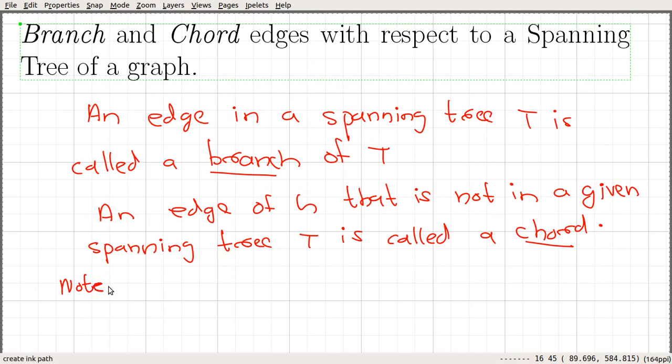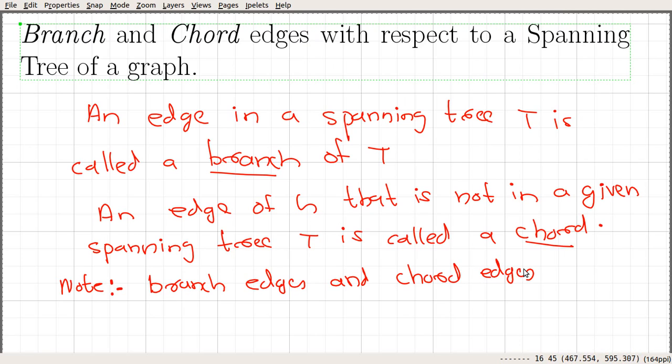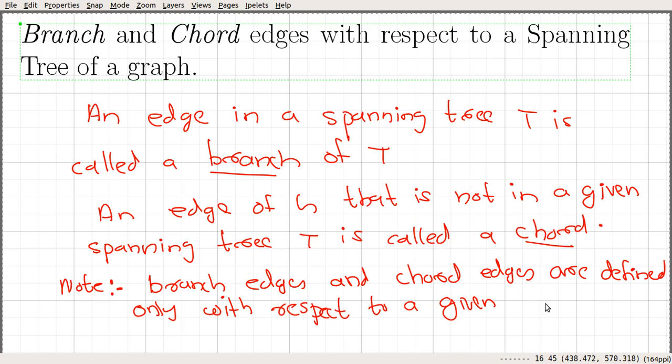So note that the branch edges and chord edges are defined only with respect to a given spanning tree.